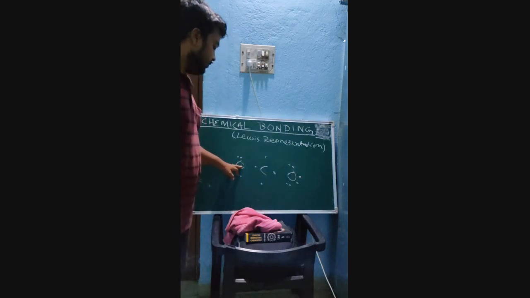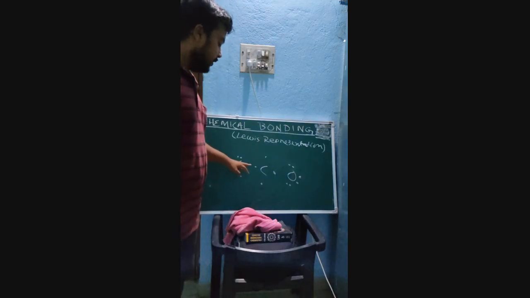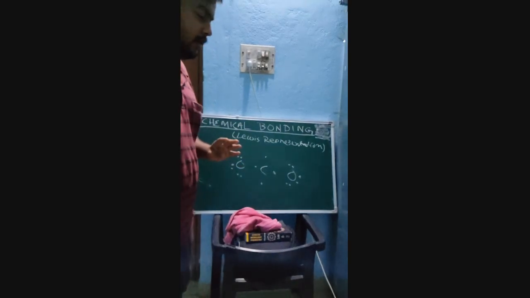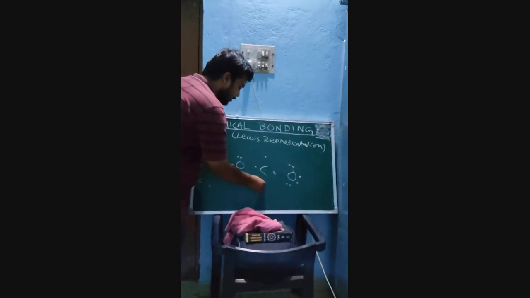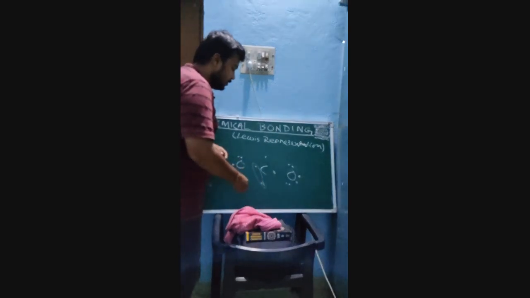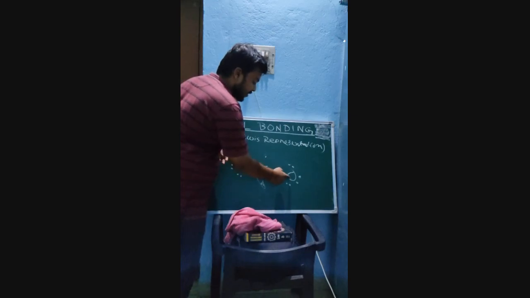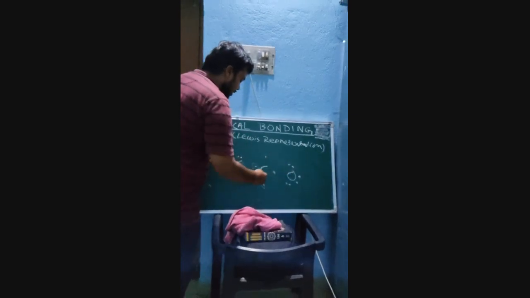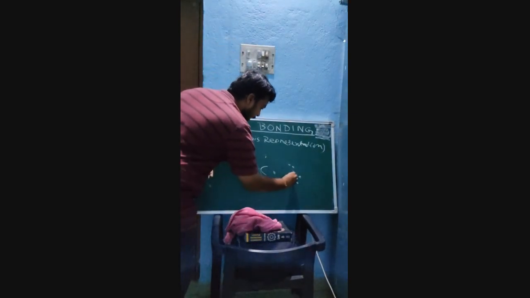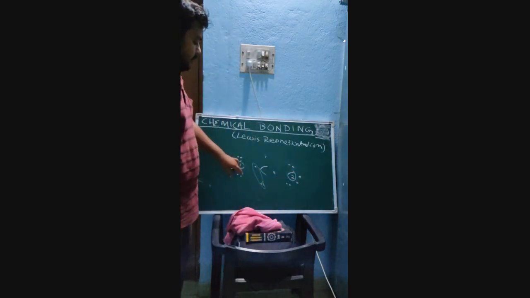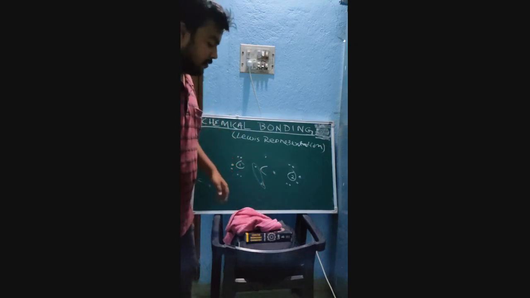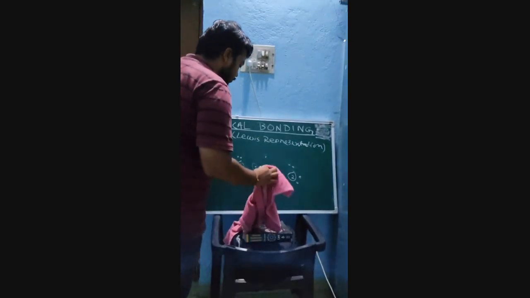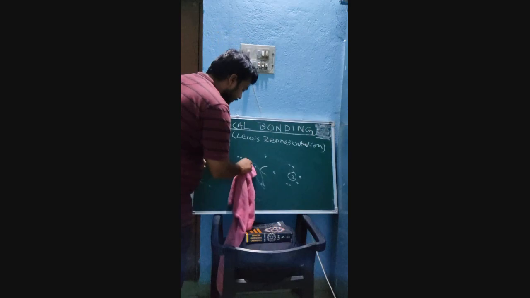So now oxygen needs 2 electrons and carbon needs 4 electrons to complete its octet. So what can happen is that 2 electrons can be shared between oxygen and carbon, and these 2 electrons can be shared between this oxygen and this carbon. If I write that as oxygen 1 and oxygen 2, the 4 electrons of carbon can be shared between the 2 oxygen atoms.